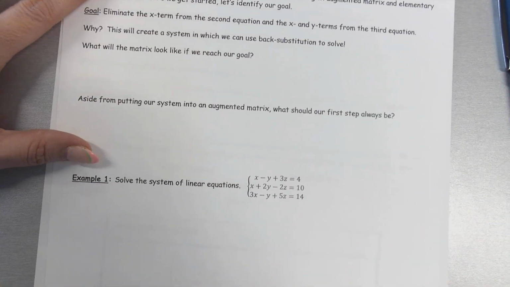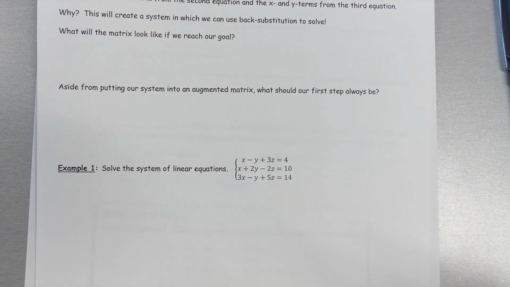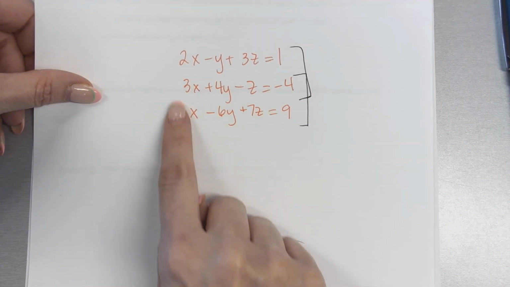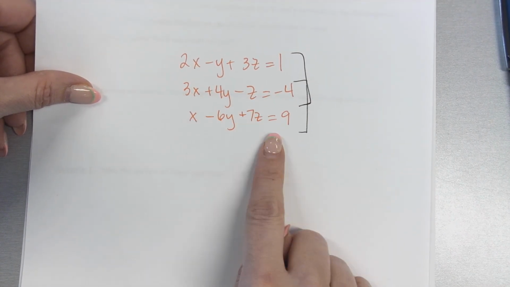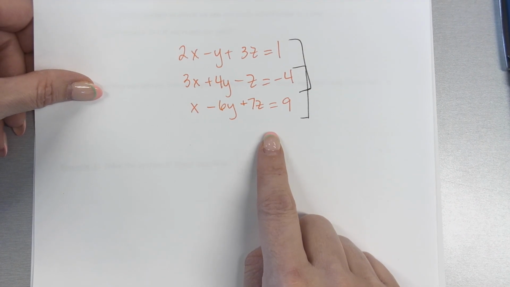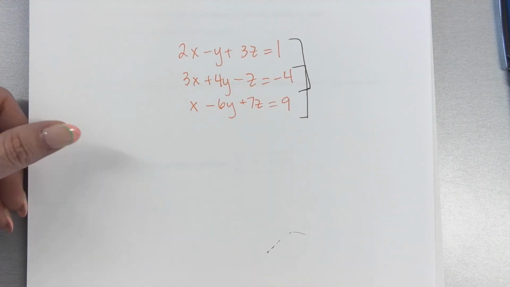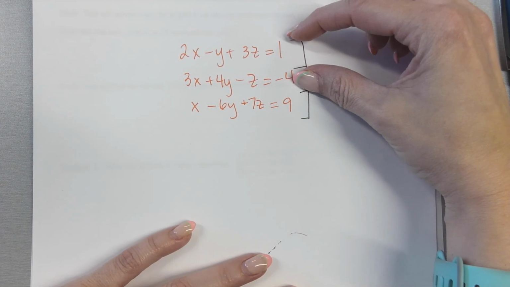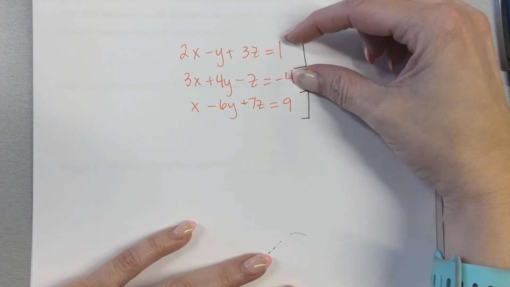So we're going to solve a system of equations using the augmented matrix and the elementary row operations, but let's make sure we understand what our goal is. Okay, so when you are solving these, you're trying to find your x, y, and z. And when that happens, like I told you before, it's like you have to take these equations and eliminate a variable.